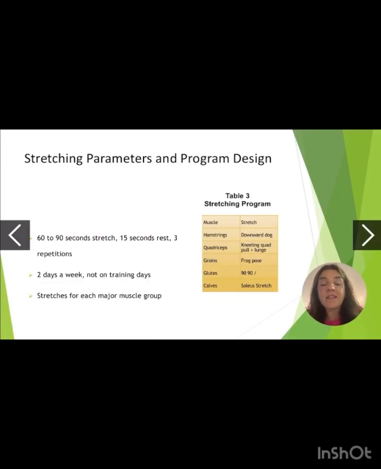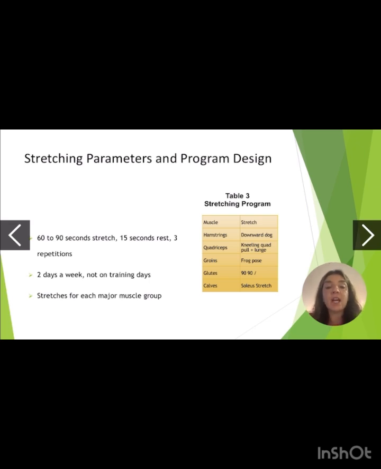So taking these into account, the stretching parameters and the program design will include not only dynamic stretching but static stretching. The client is advised to do all dynamic stretching before she plays her sports, training and games.